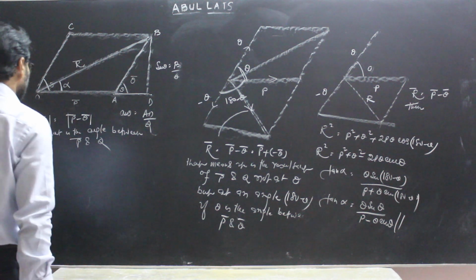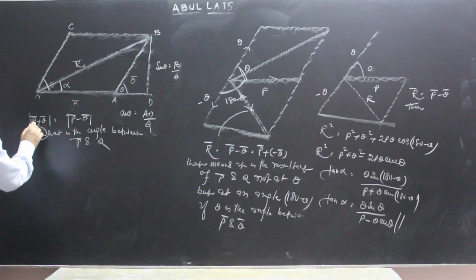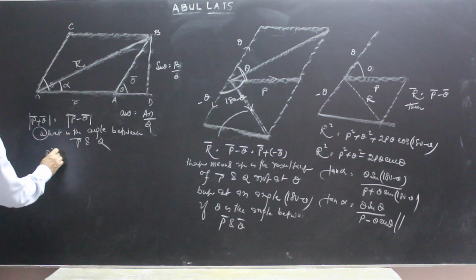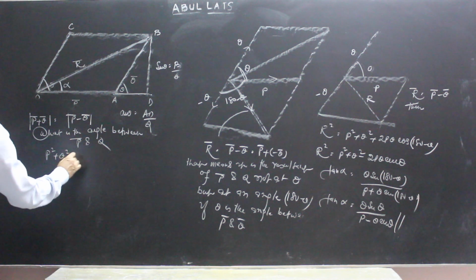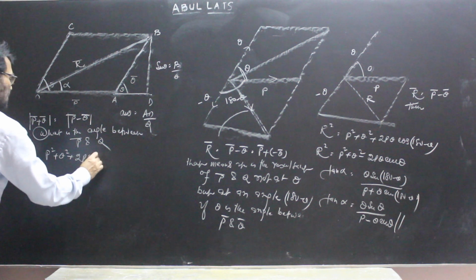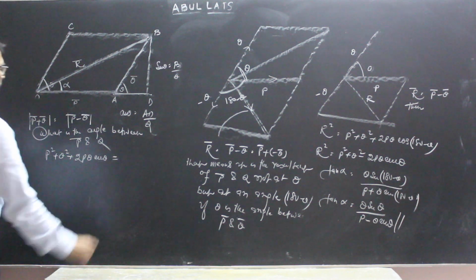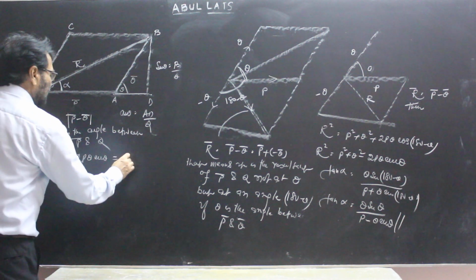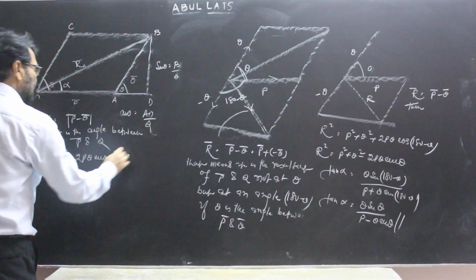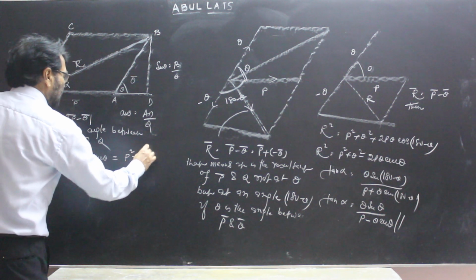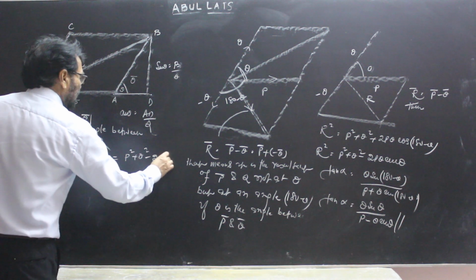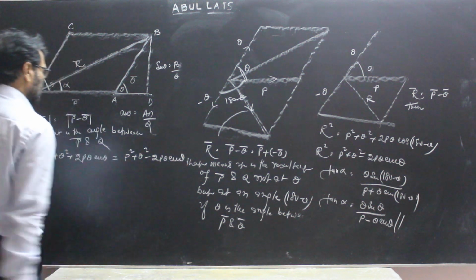So LHS is P square plus Q square plus 2PQ cos theta, if theta is the angle between P and Q, and RHS is P square plus Q square minus 2PQ cos theta.